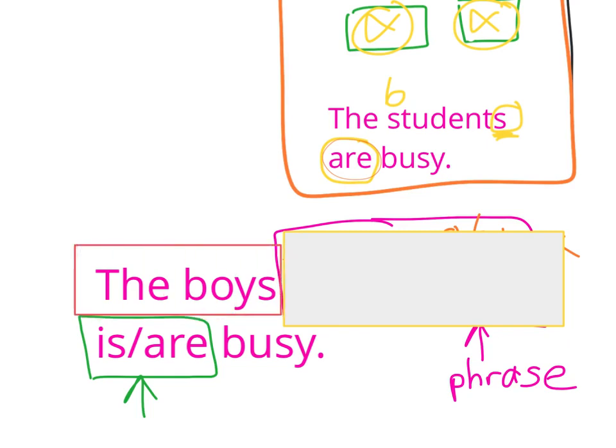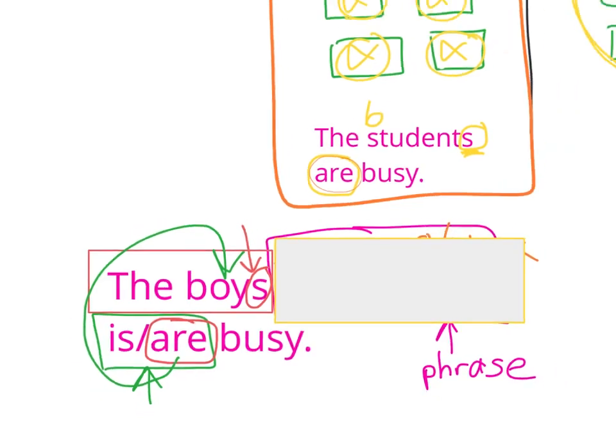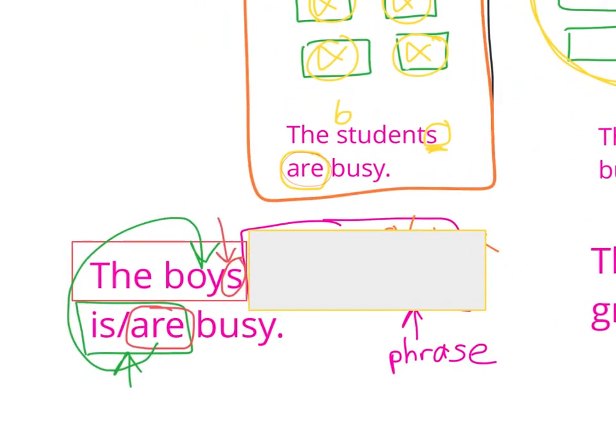And the boys has an S at the end of it, right there, which means more than one. And so we are going to make our verb are, because this verb are needs to go back to the subject. It needs to match the subject. So this is a tricky sentence right here because of this prepositional phrase.